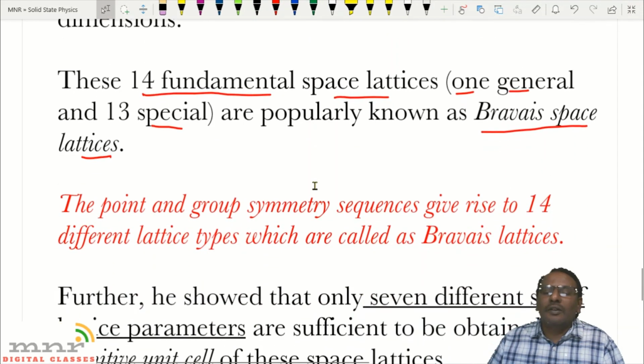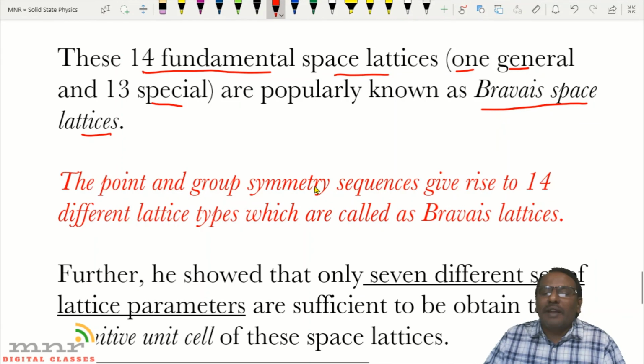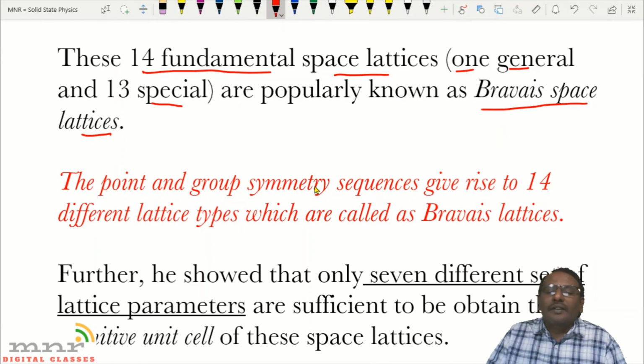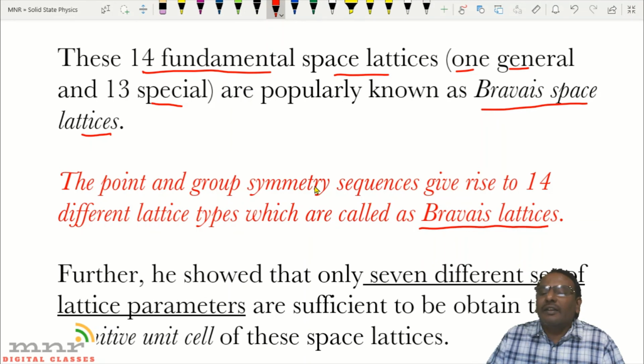So now let us define Bravais space lattices. The point group and space group symmetry sequences give rise to 14 different lattice types which are distinguishable. Those 14 fundamental space lattices are called Bravais lattices or Bravais space lattices.